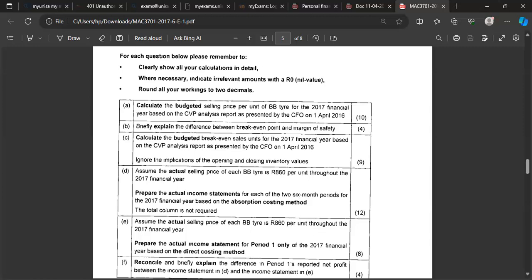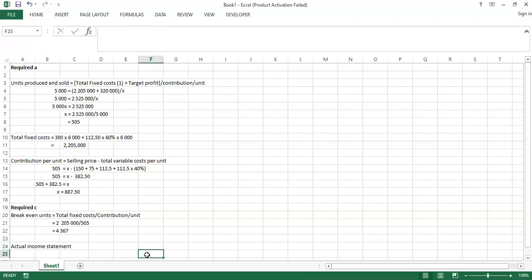All right, let's see. So let's say actual income statement. Let me share that part. Sorry, let me just get a charger for this phone.